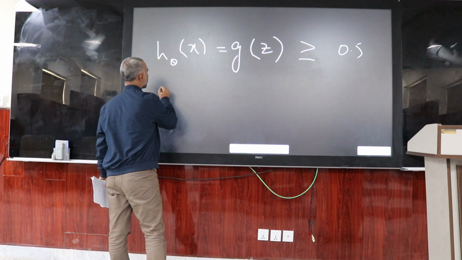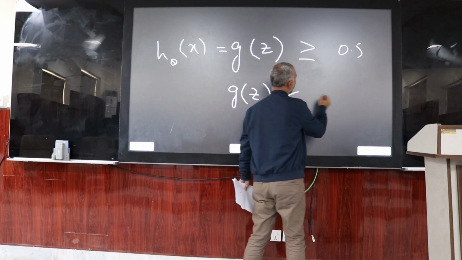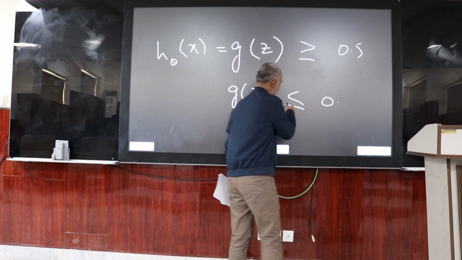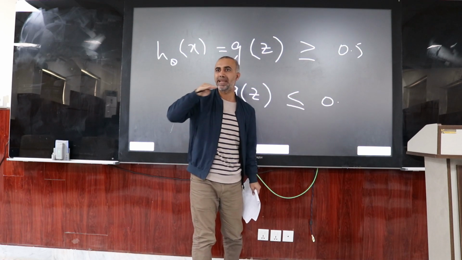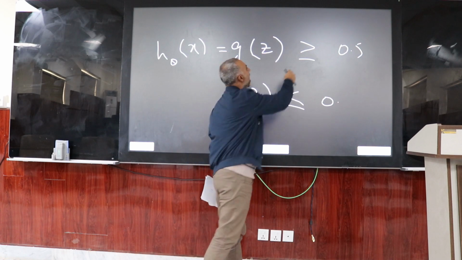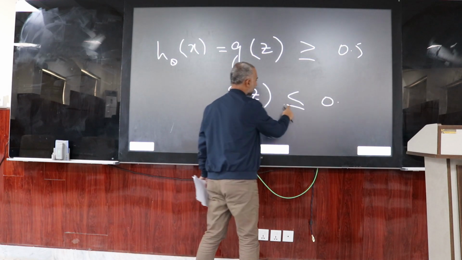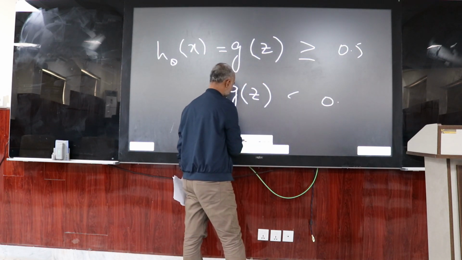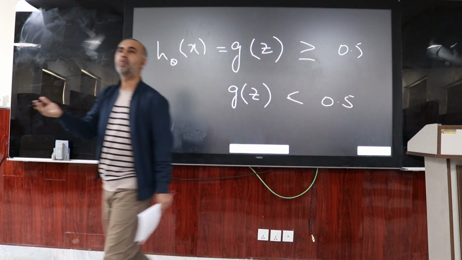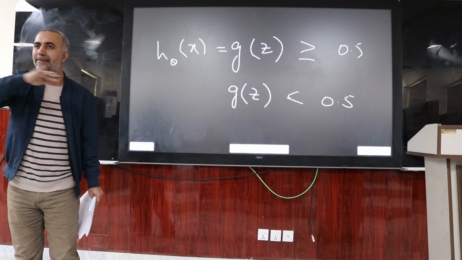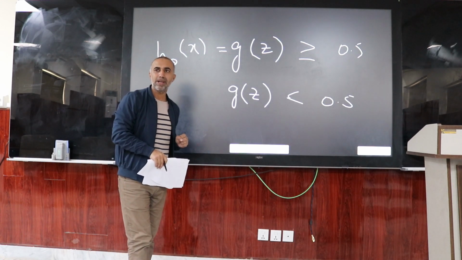And if g of z is less than 0.5, the other option left to us, maybe 0.4999 whatsoever, less than the best fit, then it is benign, not very harmful. At the boundary, exactly 0.5 is the best possible fit.